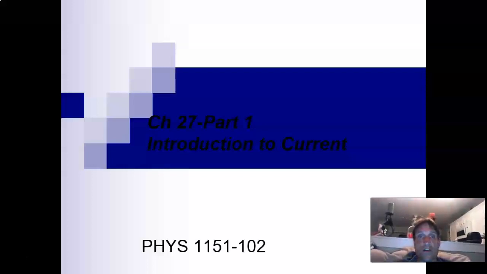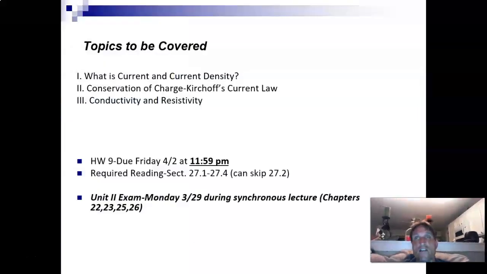We're starting the third unit, Chapter 27, where we start to deal with current and resistance. We spent the last few chapters dealing with potential, which is voltage, and electric field.